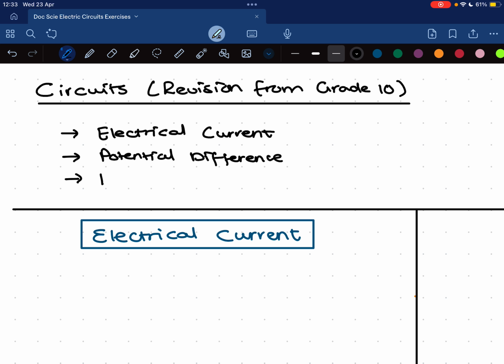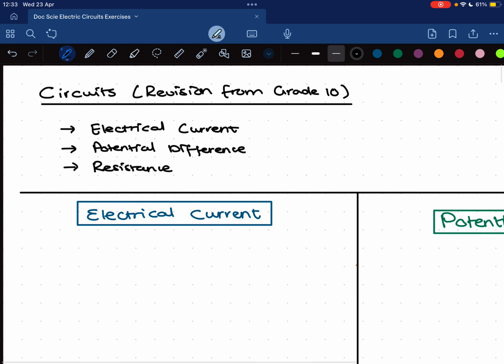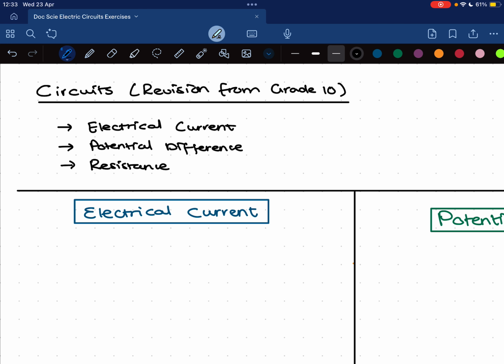And the last thing that we looked at is the resistance, which opposed that flow of electrical charge, causing some sort of energy to be transferred, whether it was a light bulb or any other type of resistor.